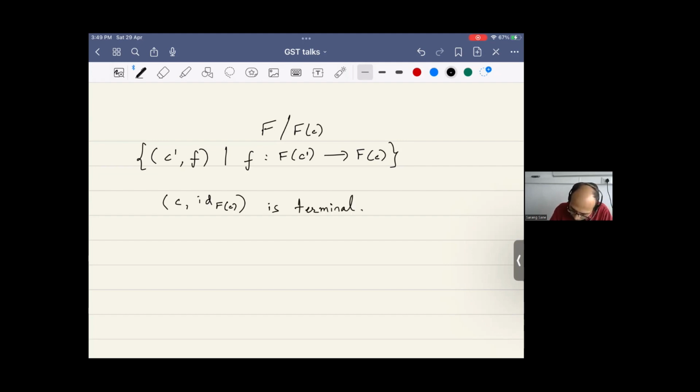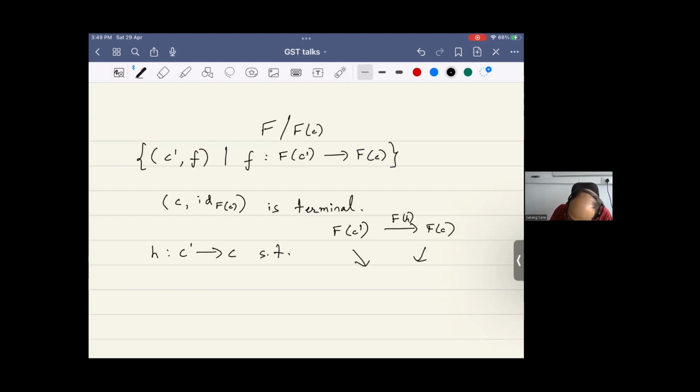Okay, so I should produce unique maps from any (c', f) to this. So what are those maps? Remember that any such map is a map from c' to c such that the diagram commutes. So I should produce h from c' to c such that when I apply this, this diagram commutes.